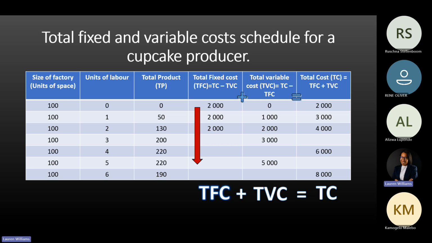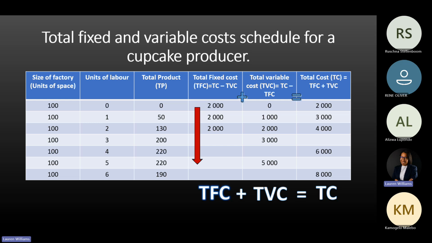So total cost is made up of your fixed cost plus your variable cost. Gives us your total cost. We are also missing your average cost, but we'll get to that now. So you can see total fixed cost will be 2,000 right down. Your total variable cost is dependent.